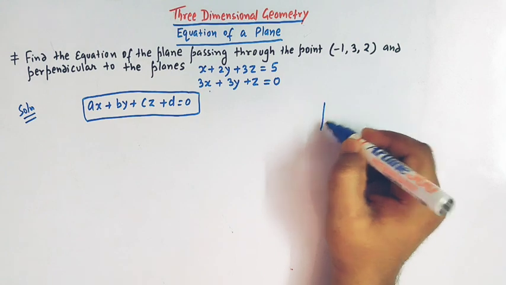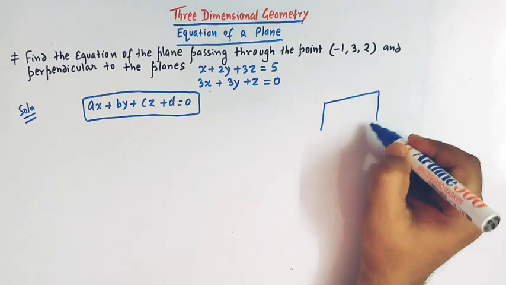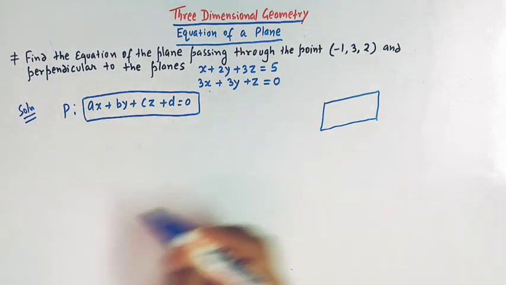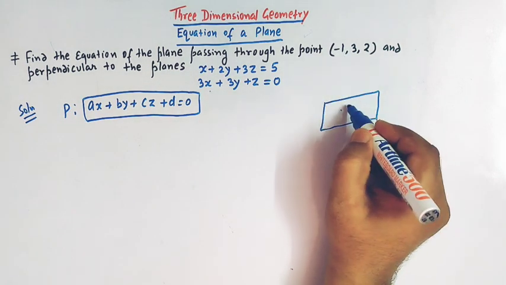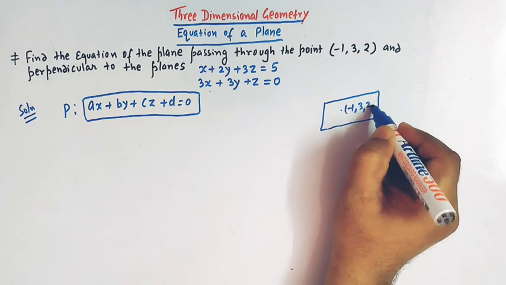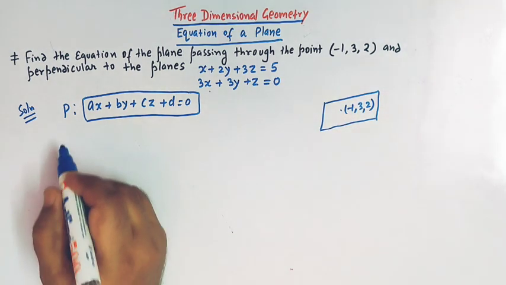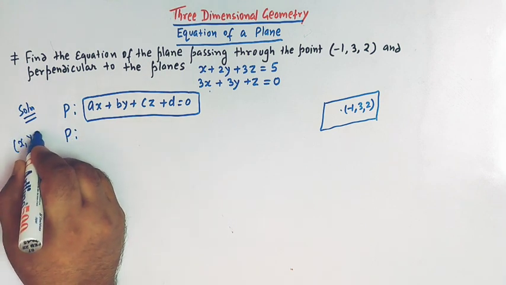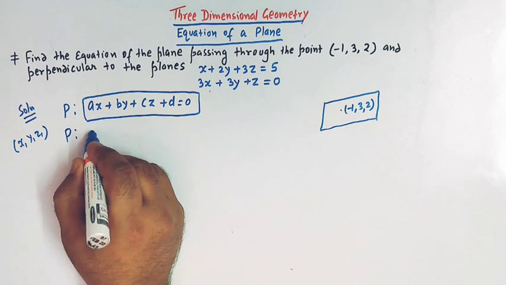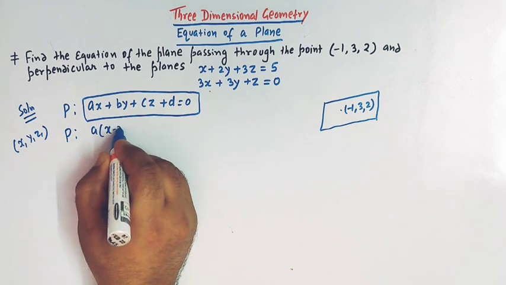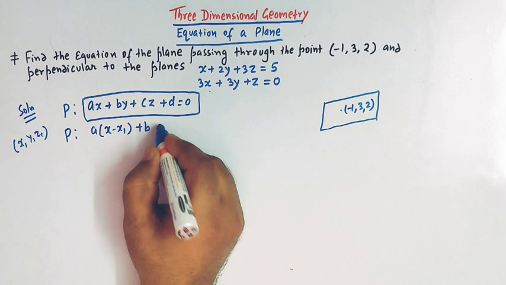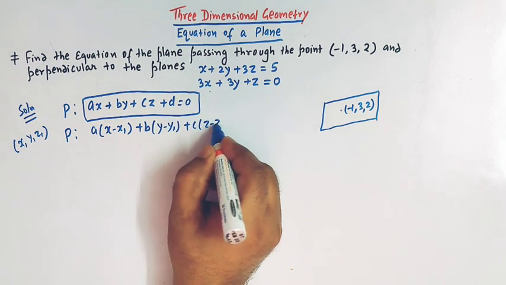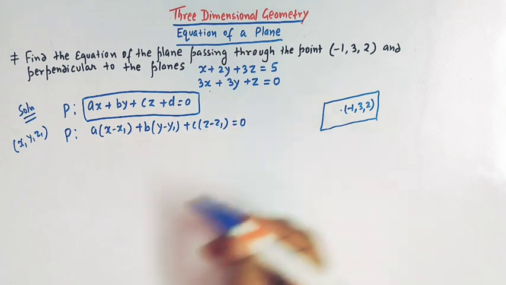So here we have a rough diagram of this plane. Let us call this plane as plane P, right? And we are given the point minus 1 comma 3 comma 2. The equation of a plane which passes through some point, say x1 y1 z1, is given by a times x minus x1 plus b times y minus y1 plus c times z minus z1 is equal to 0, right?